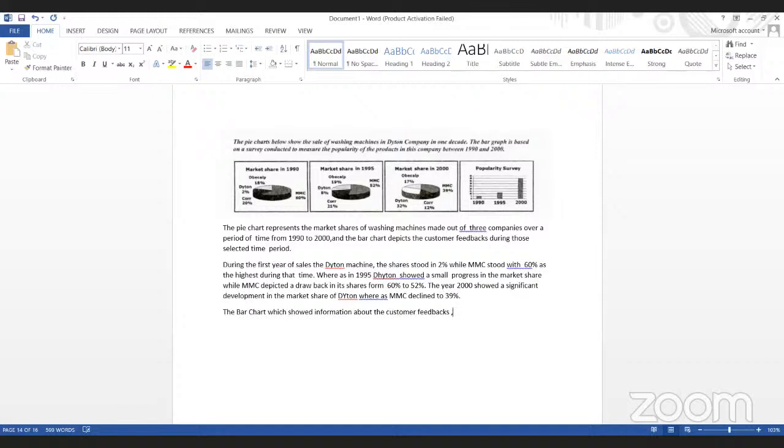A dramatic development in ENT could be seen from 1990 to 2000, right?